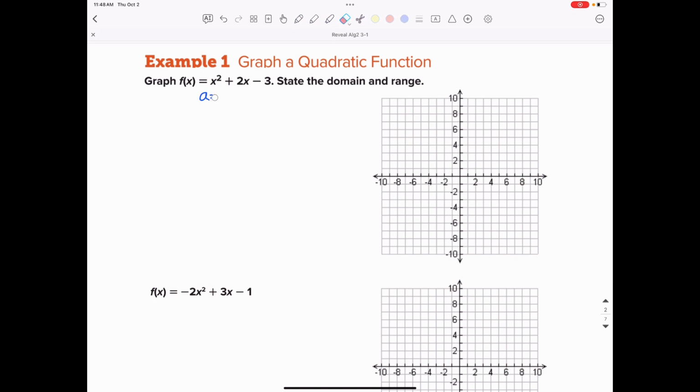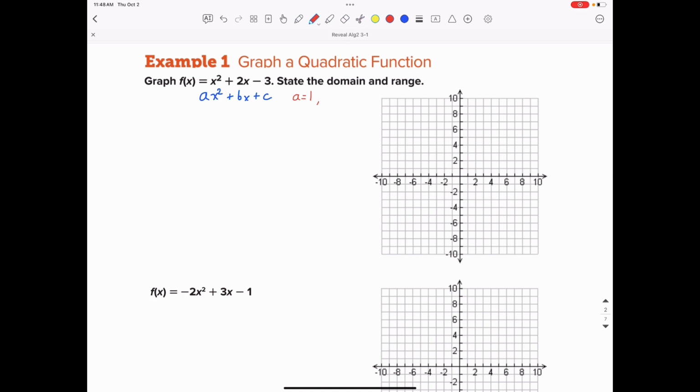Remember, it's always in the form of ax squared plus bx plus c. This is the form for a quadratic equation. So the a value is the number in the a position, and the number in the a position is the number in front of x squared, and since I don't see a number in front of the x squared, that means the a value must be 1.